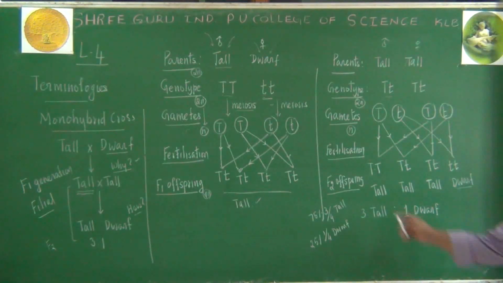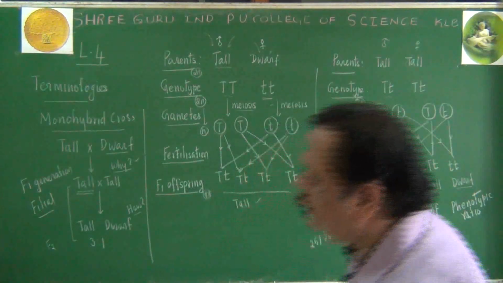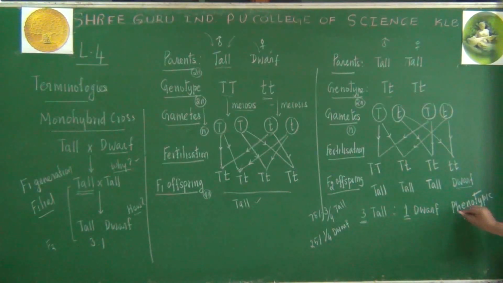Now let me tell you one interesting point. The ratio 3:1 is considered the phenotypic ratio of this monohybrid cross. Why phenotypic ratio?